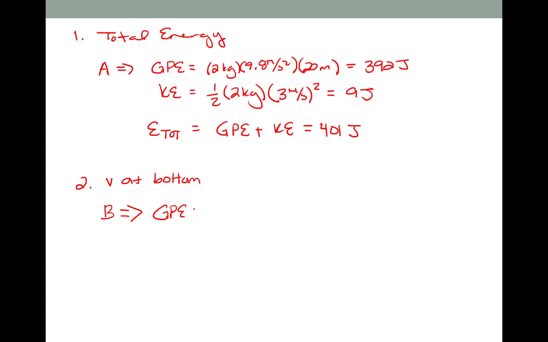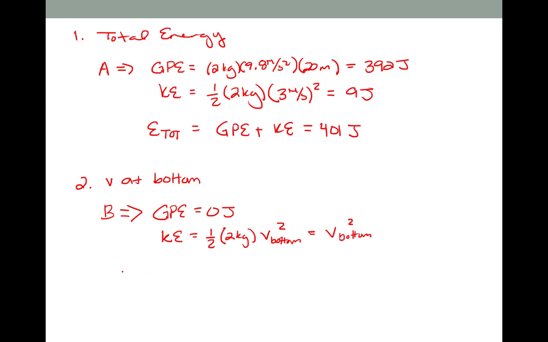The GPE at this point is 0 joules because we have defined that position to be the H equals 0 position. However, it does still have kinetic energy, which is going to be 1/2 times the mass, which is 2 kilograms, times the speed at the bottom squared, which is going to be V bottom squared, because 1/2 times 2 is 1.